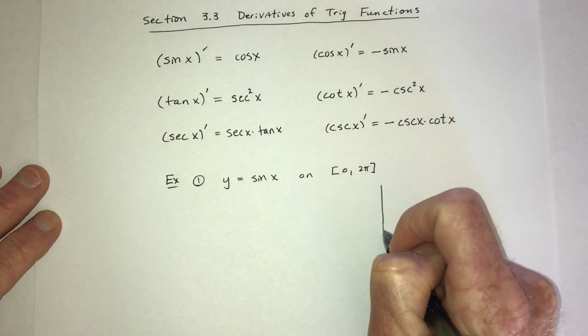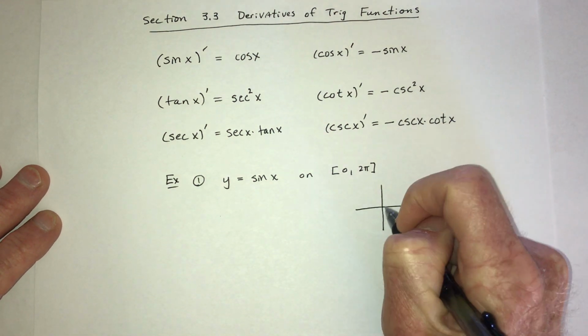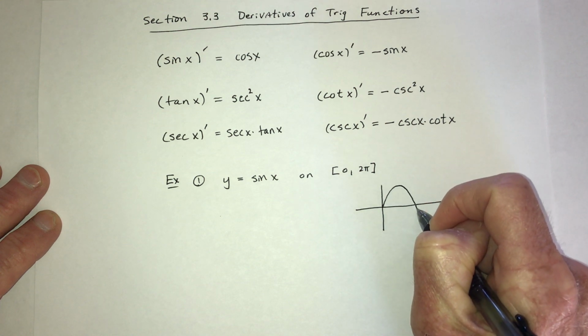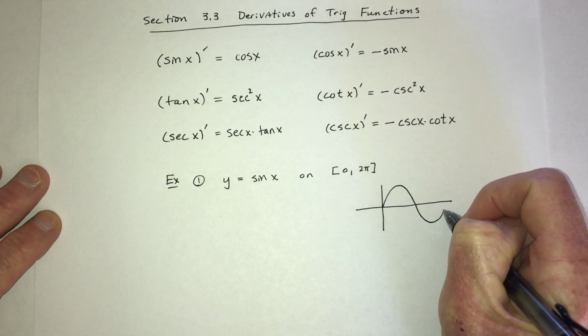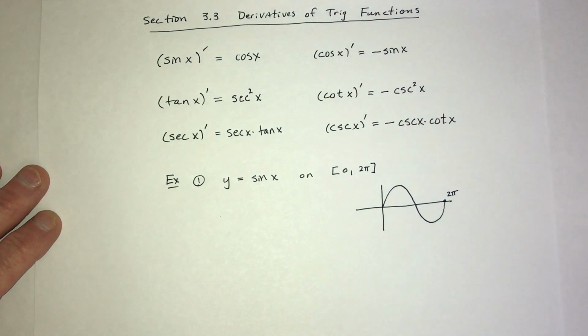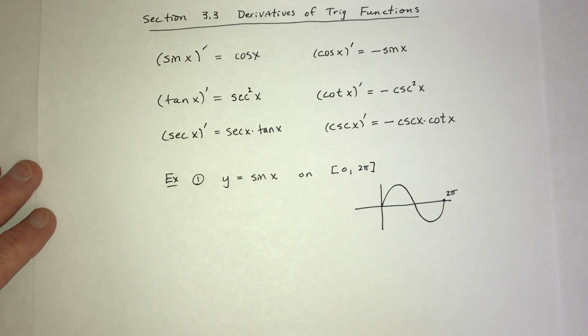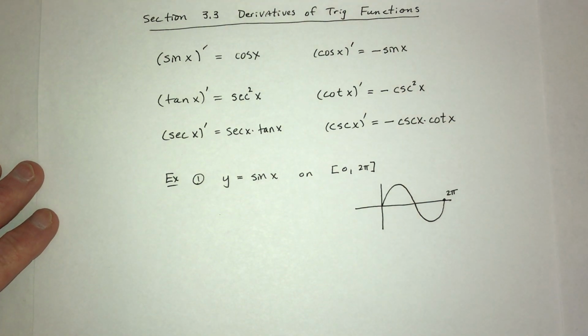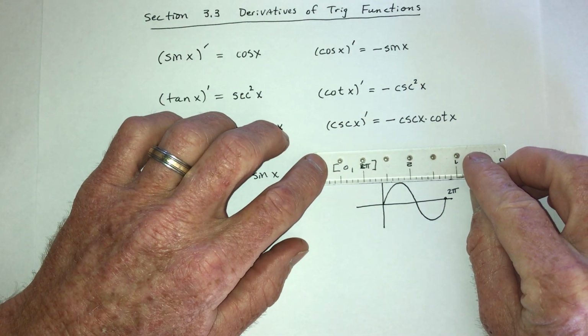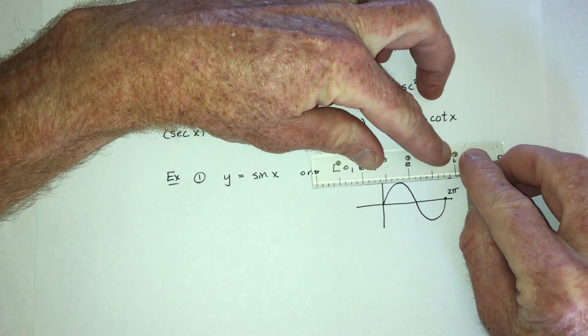Well, if you look at the graph of sine from 0 to 2 pi, it goes like this. Starts at the origin, goes up to 1, hits the x-axis, goes down to -1, and then it would finish right here at 2 pi. So for a horizontal tangent line, that would be, for example, right here when it gets to the top.